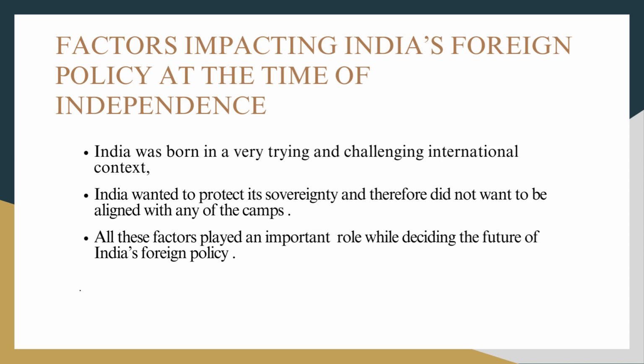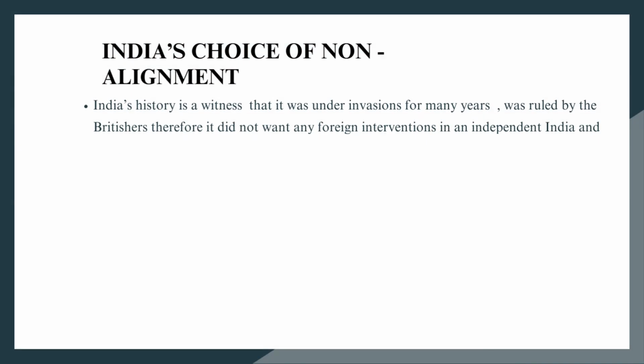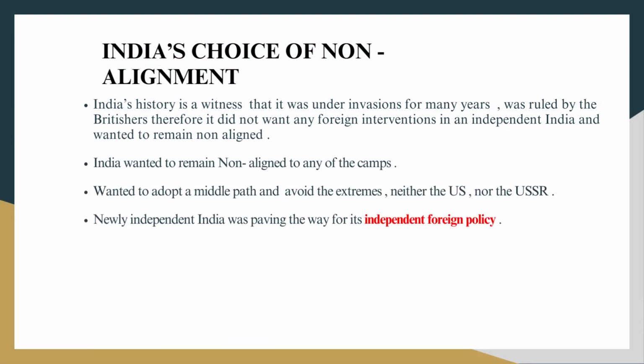So it did not want to be aligned with any of the camps when it got independent. There was this feeling that if it got attached to any of the camps, it would hamper the independence of India. This independence which India had got from a lot of struggle, they didn't want to just give it away to either the US camp or the USSR camp.